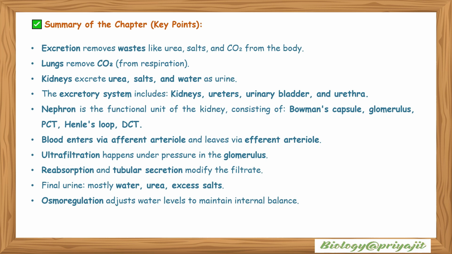Blood enters via the afferent arteriole and leaves via the efferent arteriole. Ultrafiltration happens under pressure in the glomerulus. Reabsorption and tubular secretion modify the filtrate. So final urine consists of mostly urea, water and excess salts. Osmoregulation adjusts water level to maintain internal balance.